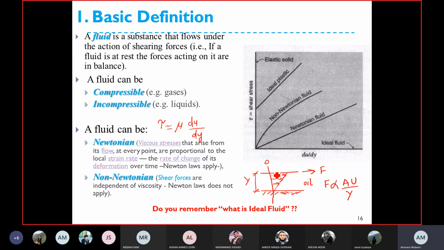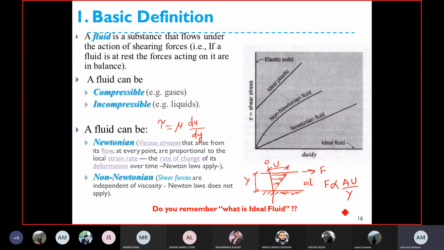The maximum velocity would be here, and this is actually u. So according to Newton, he observed that this force is directly proportional to A, u, and inversely proportional to the distance between the two plates.